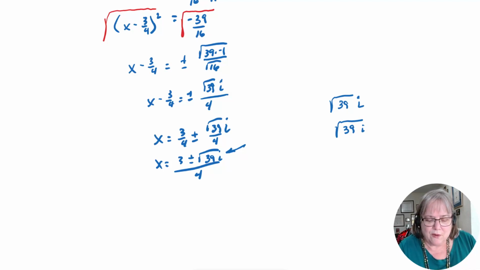So be sure that if you're going to write the i next to the 39, that it's an i. And sometimes I see people putting like a little hook right here that says, you know, that's the end of my square root, and that's fine. Absolutely helps me to deal with it too. But be sure that the i is not underneath the square root. Okay, and that's the answer to this one.